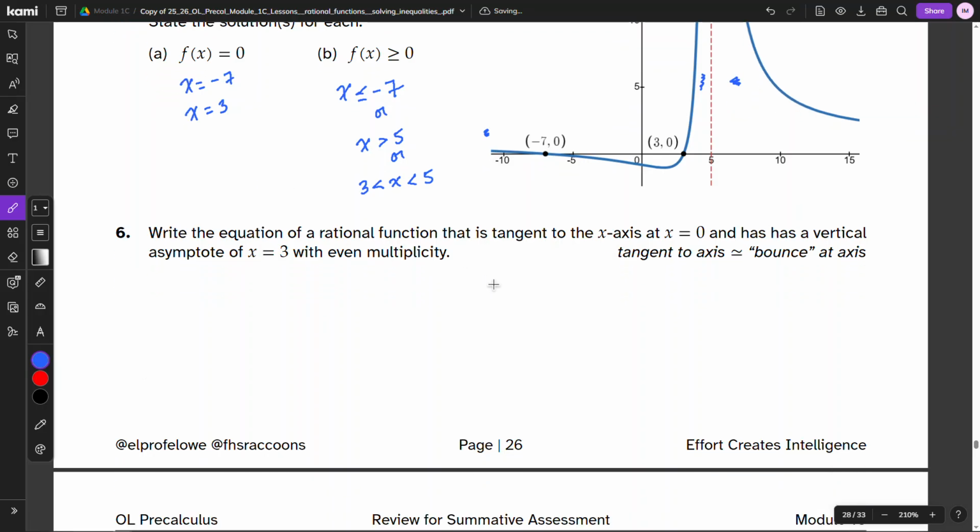Last one, we're going to write the equation of a rational function that is tangent to the x-axis at x equals 0 and has a vertical asymptote of x equals 3 with even multiplicity. So if I have an even multiplicity, that means that I have x minus 3 squared in the denominator.